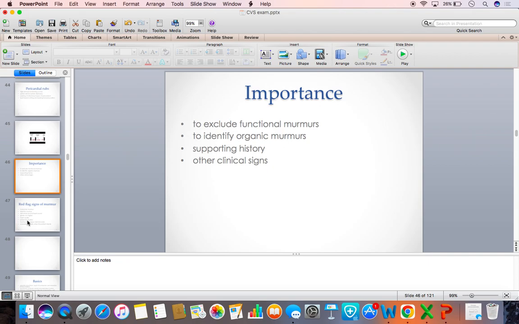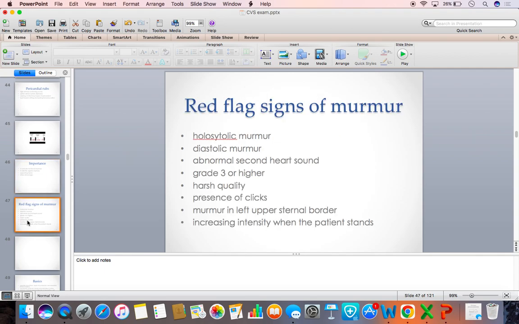When you are auscultating the heart for murmurs, it is always required to exclude functional murmurs, identify organic murmurs, and take the supporting history and clinical signs. So, what are the red flag signs of a murmur, by which you say the murmur is pathological? All holosystolic murmurs are pathological.